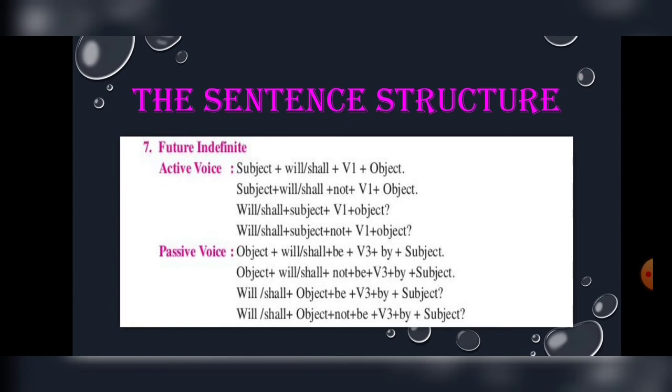Now look at the sentence structure of passive voice. Object plus will or shall plus be plus third form of the verb by and subject. In case of a negative sentence, object plus will shall not be third form of the verb by subject, and in case of interrogative sentences, will or shall will take the lead. If the sentence is positive, object plus be plus third form of the verb by and subject, and in case of negative question, will or shall will be followed by object plus not be third form of the verb by and subject.